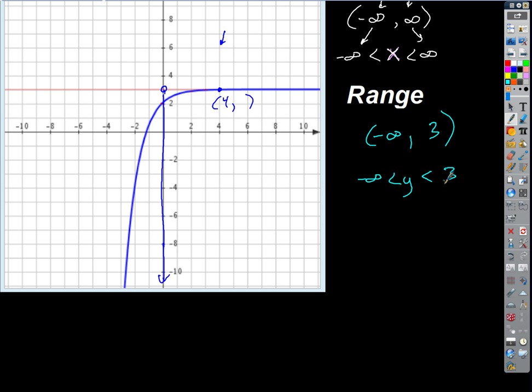But if we're only limited on the top, if there's only one boundary to the y values, which is at 3, we can make this a lot easier. We can just say y is less than 3, right? If y can be anything less than 3, that includes any number, regardless of how far down it is, okay? So we can make this one a little bit easier. That's all we have to say. y is less than 3, okay?